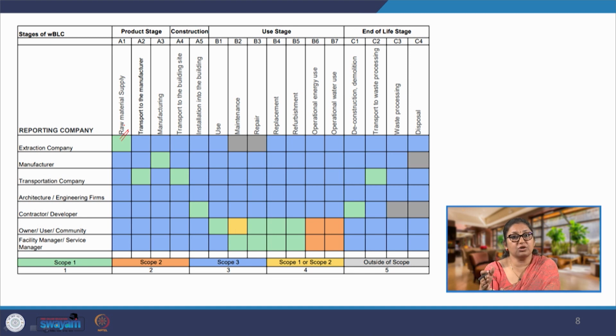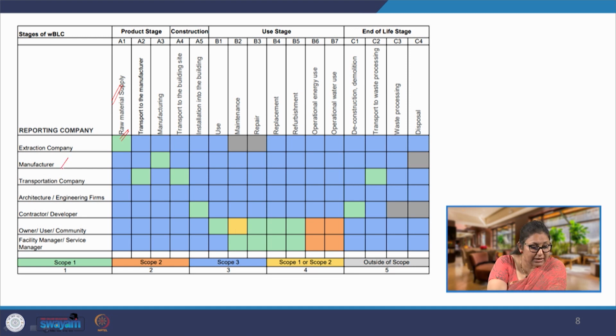Consumption of electricity will go in scope 2, but since we are not detailing all those activities, we are only looking at the direct emissions here, and scope 2 will be there for each of these reporting companies. So, for the extraction company, the emissions from raw material supply are counted in scope 1, and the rest of the emissions are in scope 3 downstream.